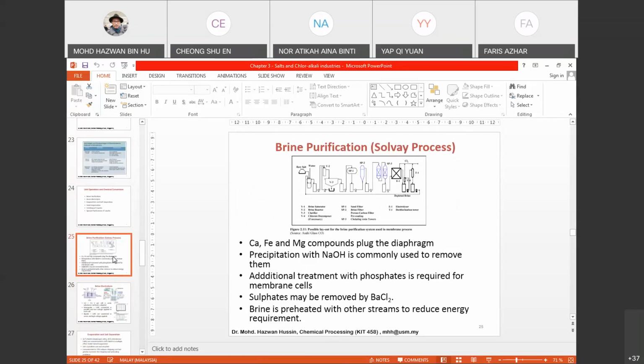The diaphragm cell is around 10 to 12%, and the membrane cell is slightly higher. This is part of the reason why less energy is required for evaporation. So I think maybe we have gone through the brine purification process.